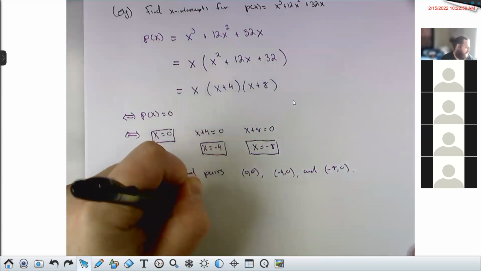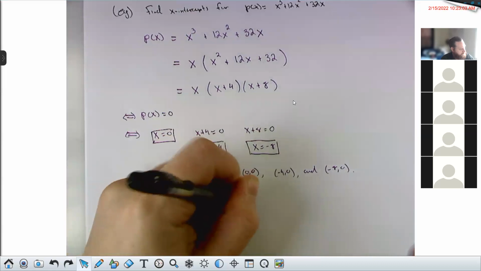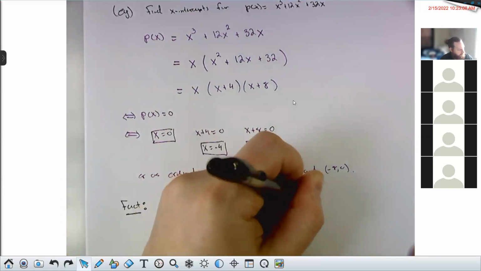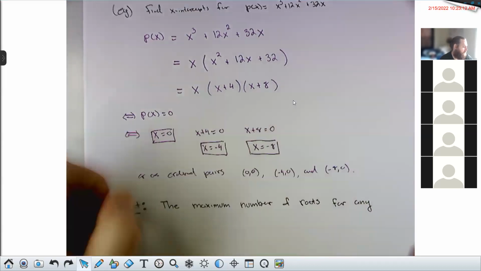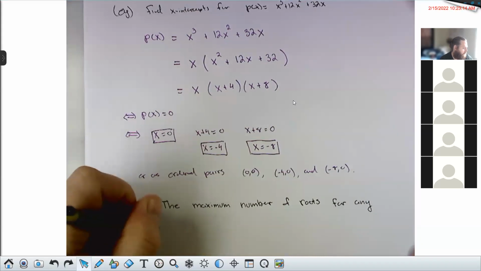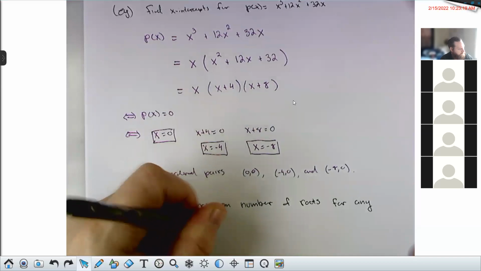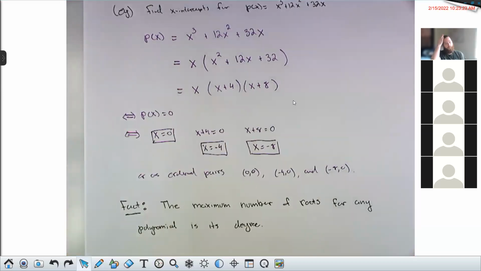The maximum number of roots for any polynomial is its degree. So the largest possible number of roots for any polynomial is the degree of that polynomial.